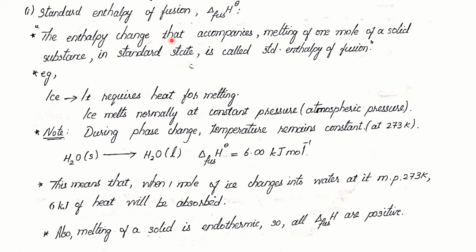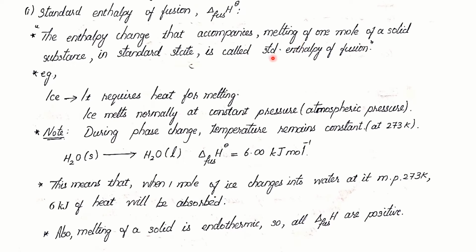The enthalpy change that accompanies melting of 1 mole of a solid substance in standard state is called standard enthalpy of fusion. That is, it is the enthalpy change that occurs when 1 mole of a solid substance transforms into its liquid state at its melting point. Clear?